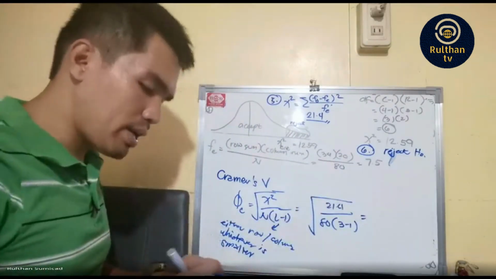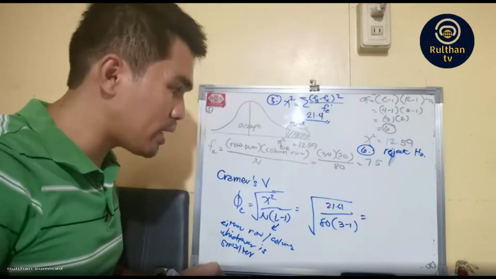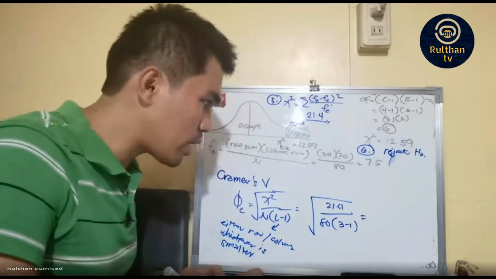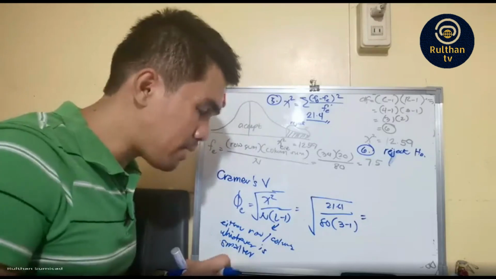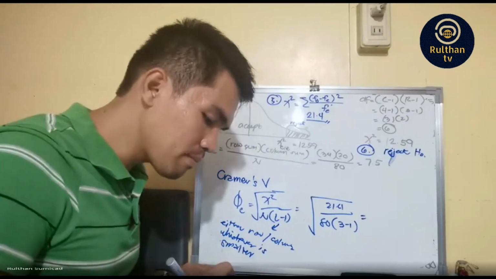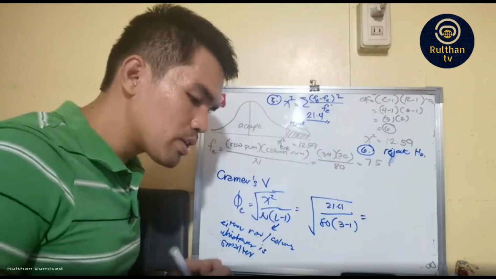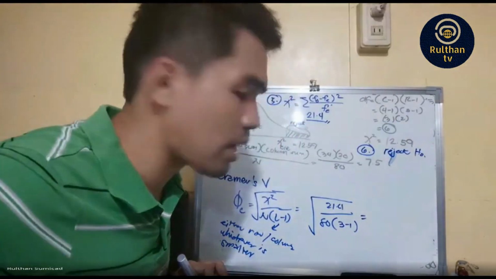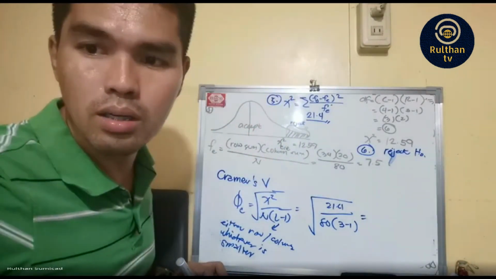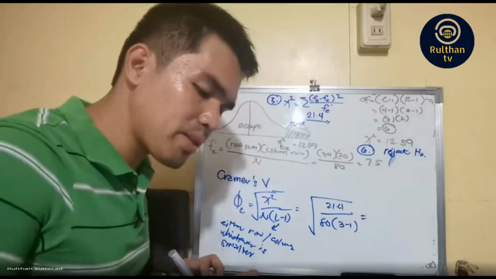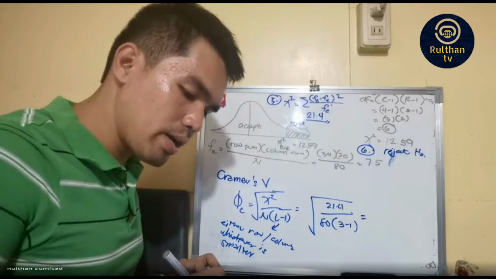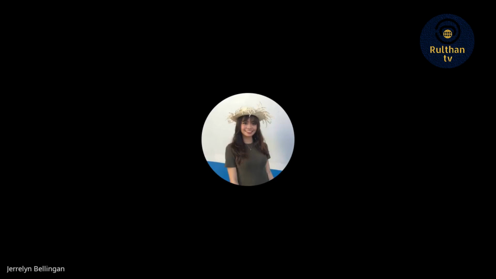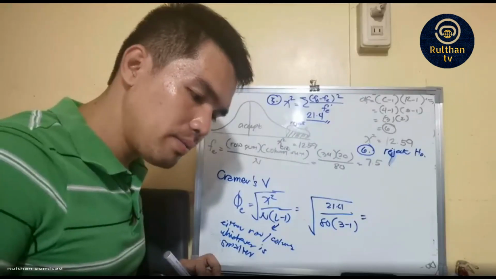So computing now, that's 21.4 divided by 80 times 2. It should be in the radical symbol.